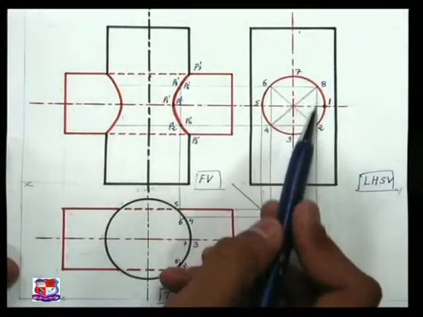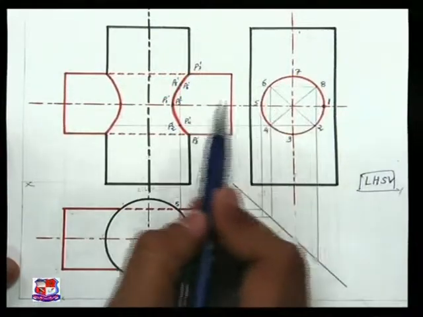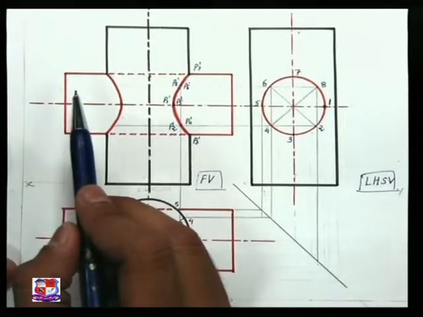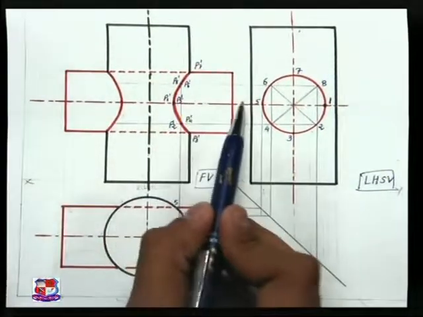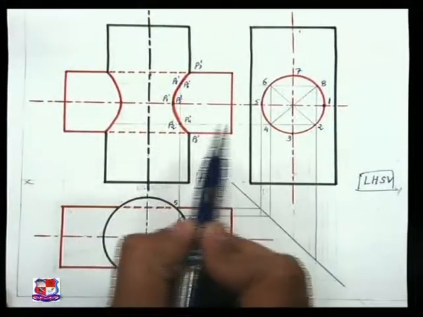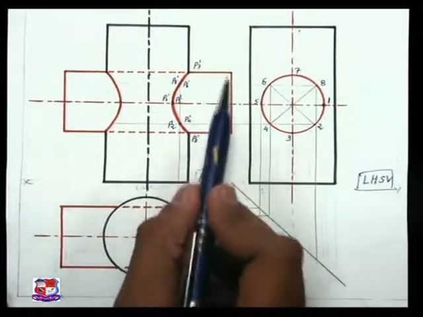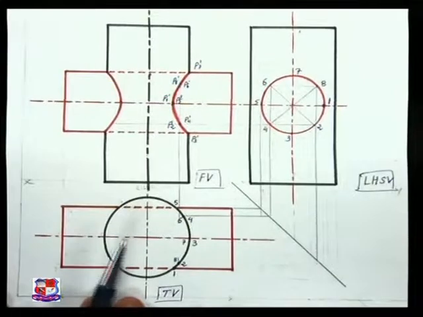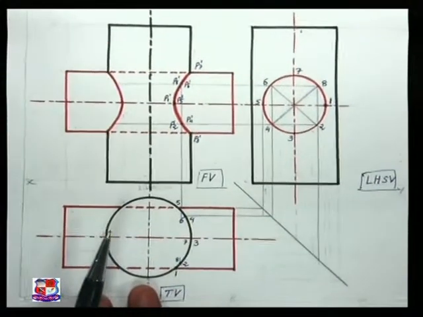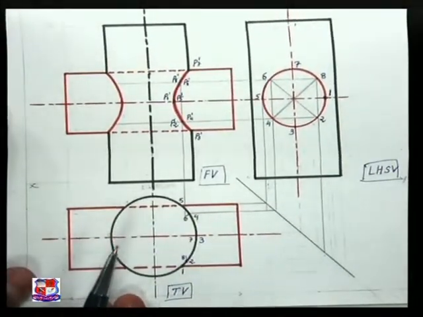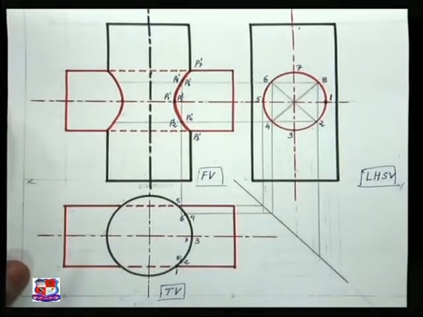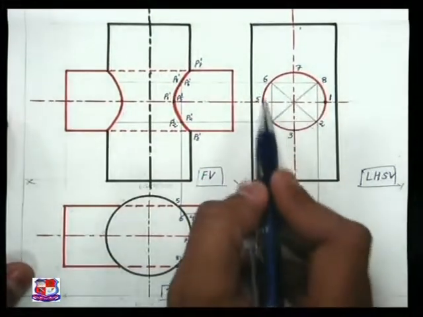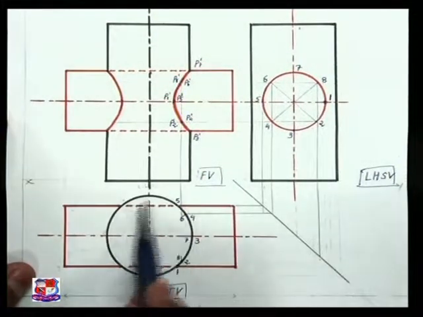Similarly, from all these points draw horizontal lines. So it will show the imaginary generators over this cylinder like this: 1, 2, 3, 4, 5, 6, 7 and 8. After drawing these imaginary generators, what should we do? We need to find the points of intersection between this horizontal cylinder and this vertical cylinder.